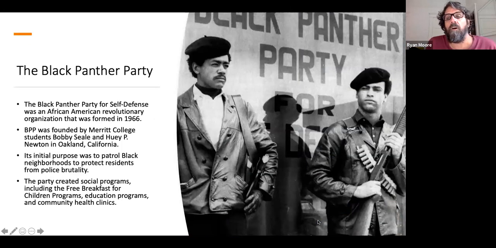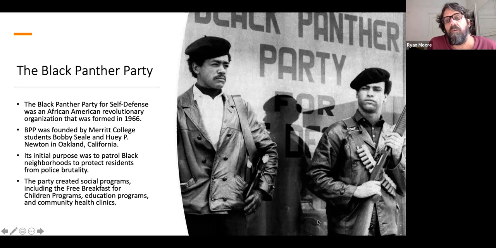So with the Black Panther Party, they basically start in Oakland in 1966. These two guys who are pictured here, Bobby Seale and Huey Newton, were both college students at the time in Oakland at Merritt College.